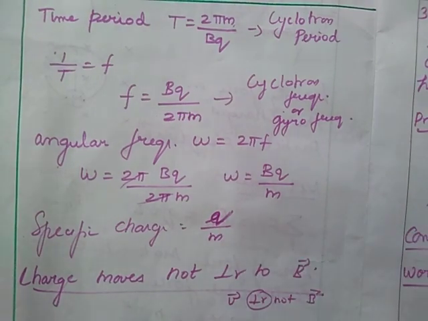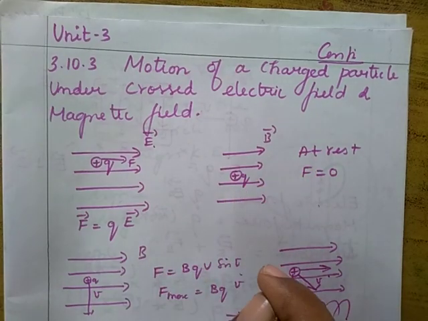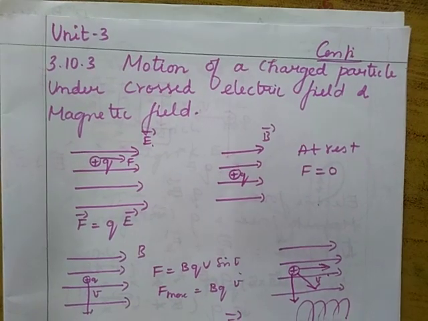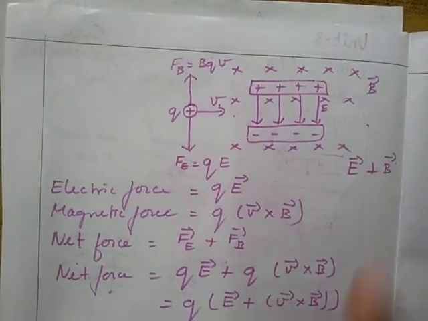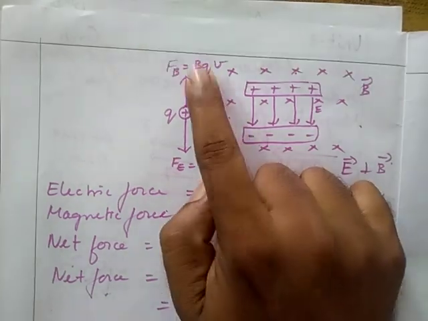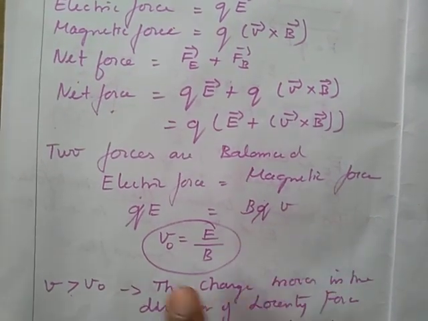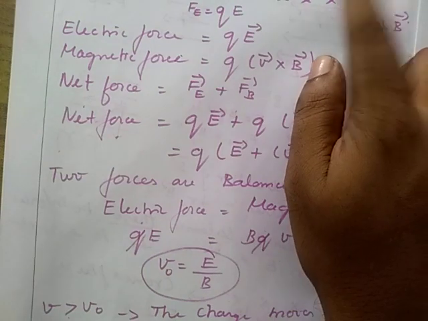This is a concept used in the mass spectrometer to differentiate two isotopes. In this concept the electric field vector and the magnetic field vector are perpendicular to each other. In that case the electric force is balanced by the Lorentz force, and we found the velocity attained by the ion from this velocity selector.